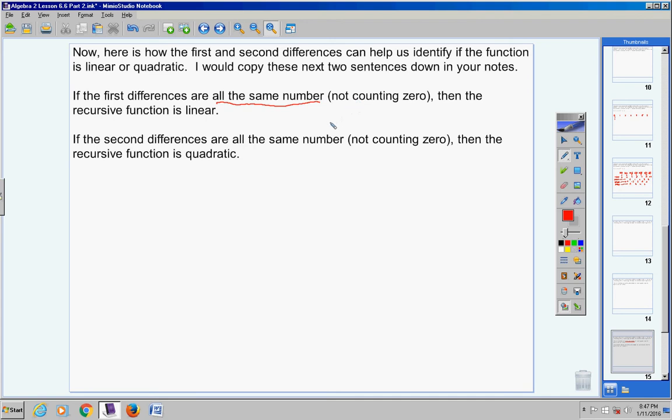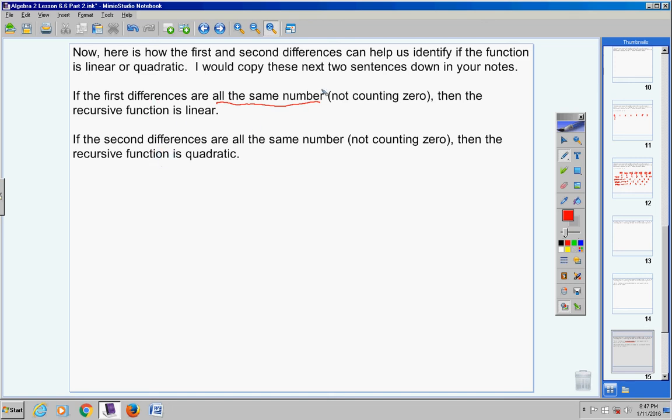If the first differences are all the same number, not counting 0, then the recursive function is linear. If the second differences are all the same number, not counting 0, so 0 doesn't count, then the recursive function is quadratic. Okay?